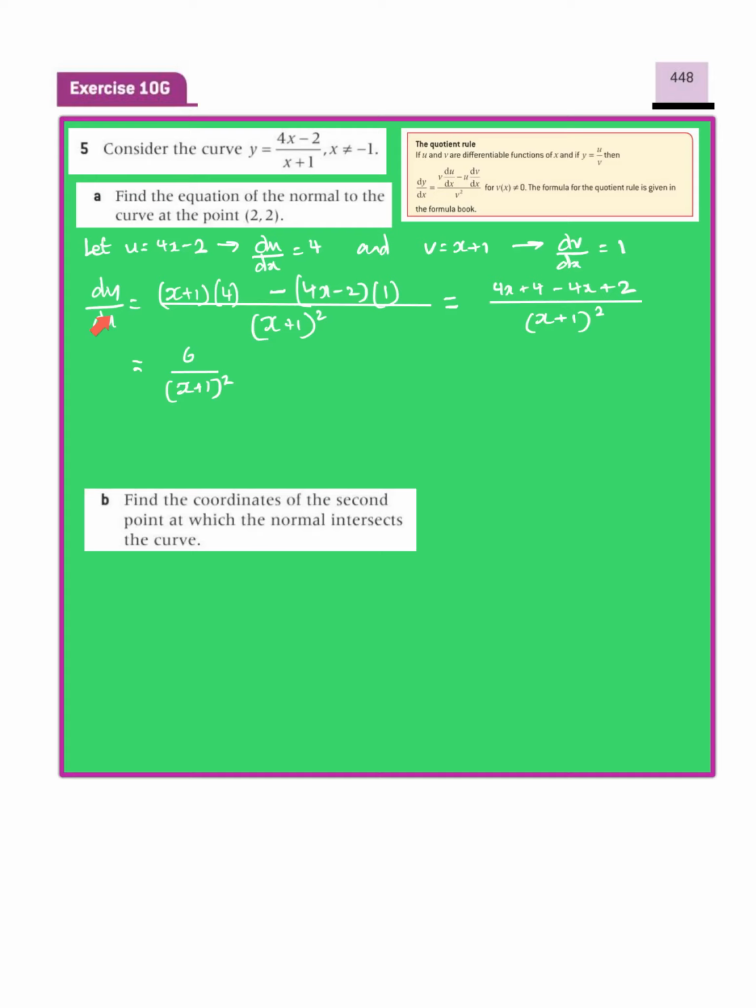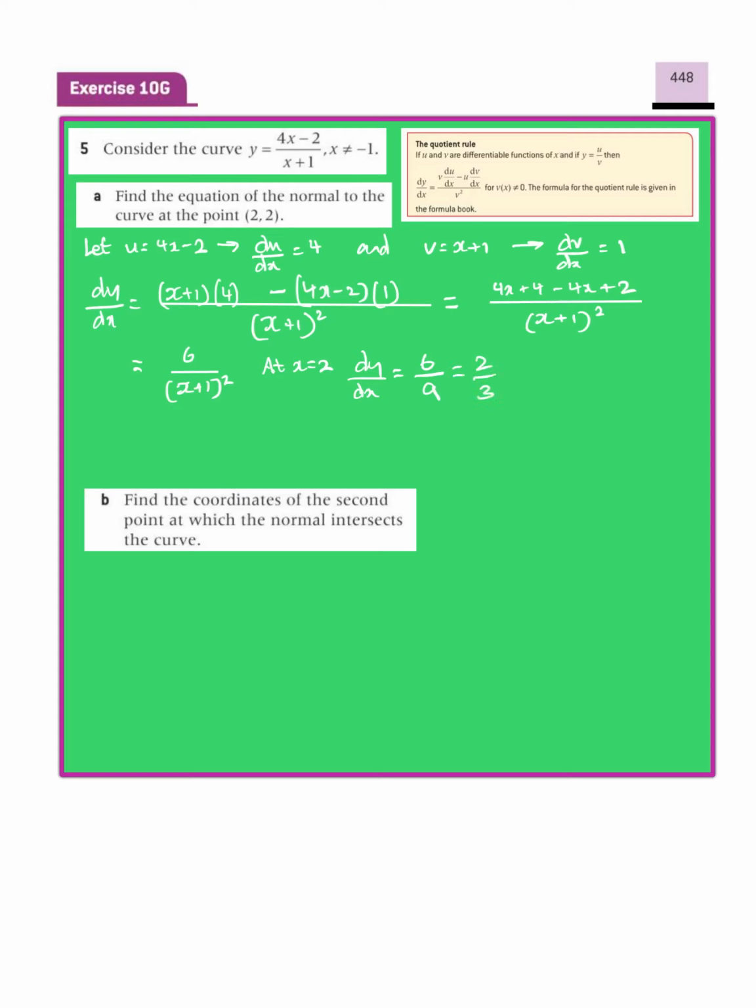Now we have the derivative of this function here. Now the derivative gives us the slope at any point x. We've been asked to look at the point (2, 2). So what we need to find out is the slope of the tangent at x equals 2. So let's substitute that in. At x equals 2, dy/dx equals 6 on 9, which is 2 on 3.